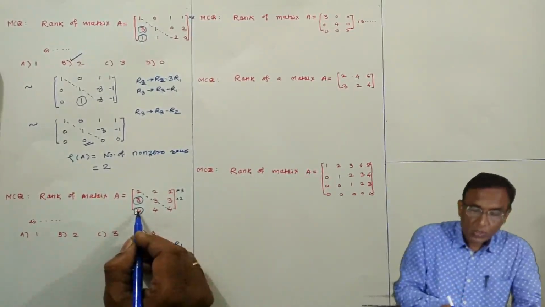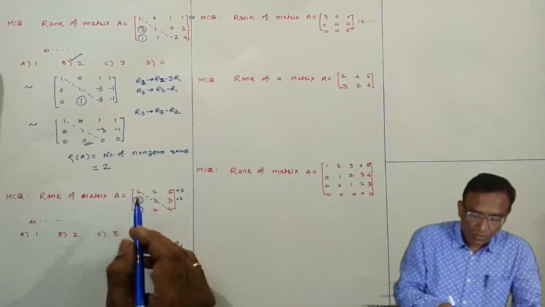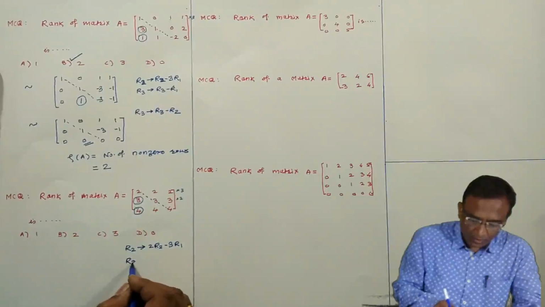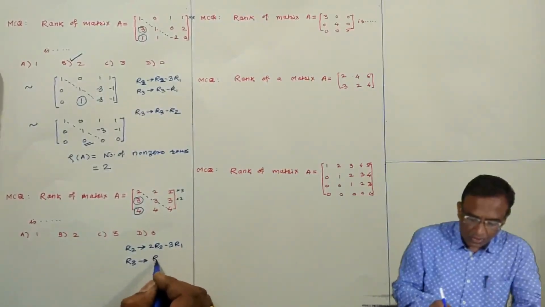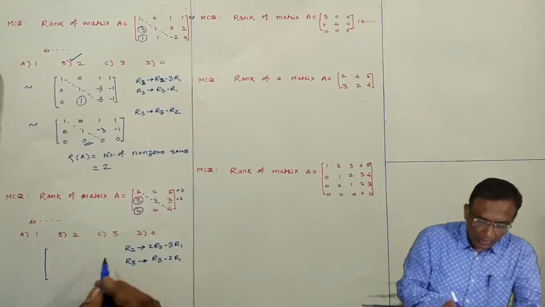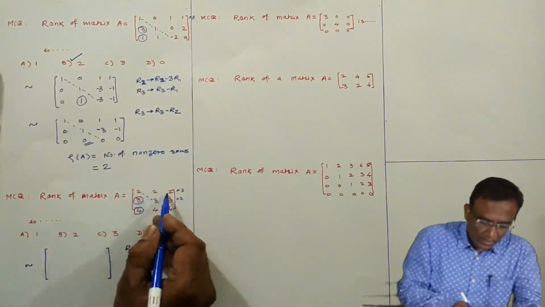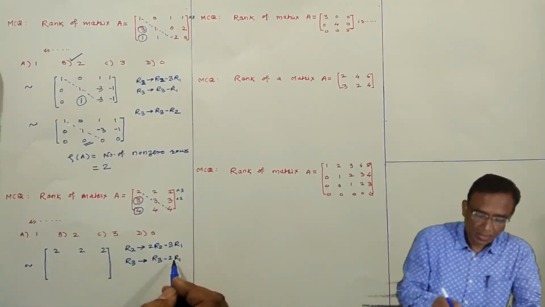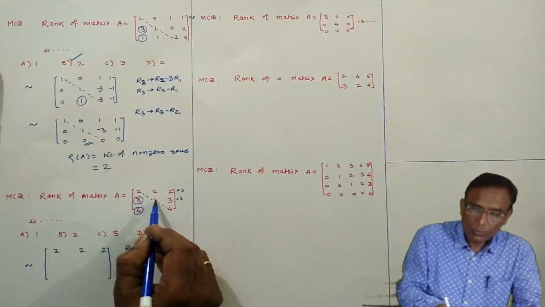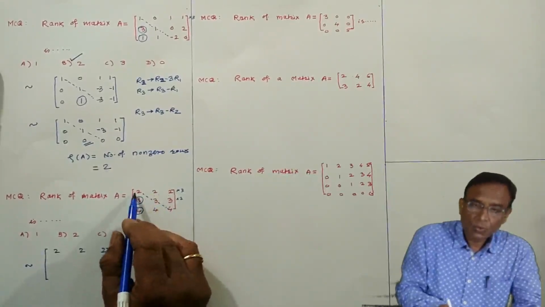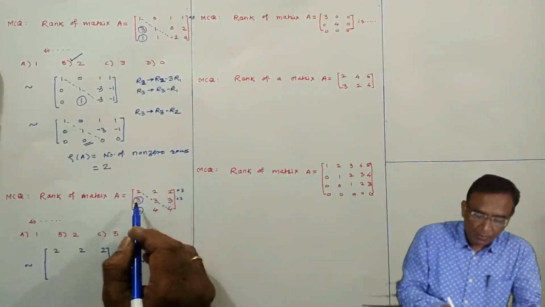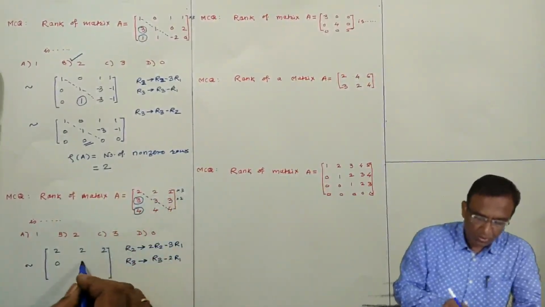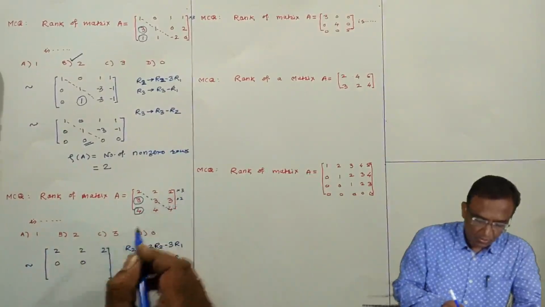And at this place I want 0 with the help of 2, meaning multiply this by 2 and subtract from this. So R3 gives R3 minus 2 times R1. In the new matrix I will be getting 2, 2, 2 as it is. The first row I am using here will be kept as it is. Multiply this row by 2 and subtract from this row after multiplying it by 3. This 6 minus 6 is 0, 6 minus 6 is 0, then 6 minus 6 is 0.